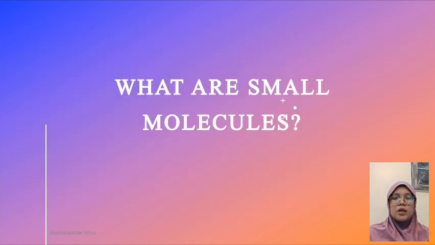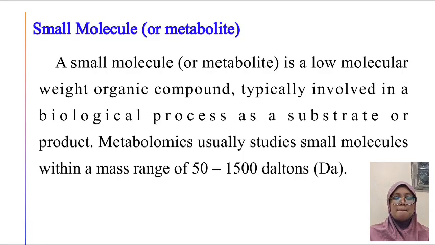So, what are small molecules? A small molecule or metabolite is a low molecular weight organic compound typically involved in a biological process as a substrate or product. Metabolomics usually studies small molecules within a mass range of 50 to 1,500 daltons.